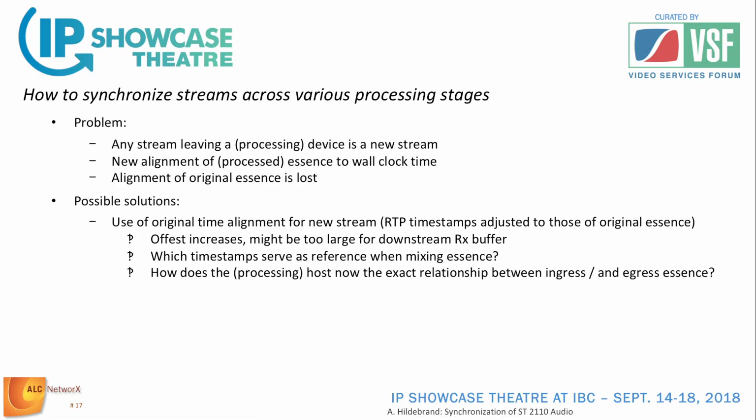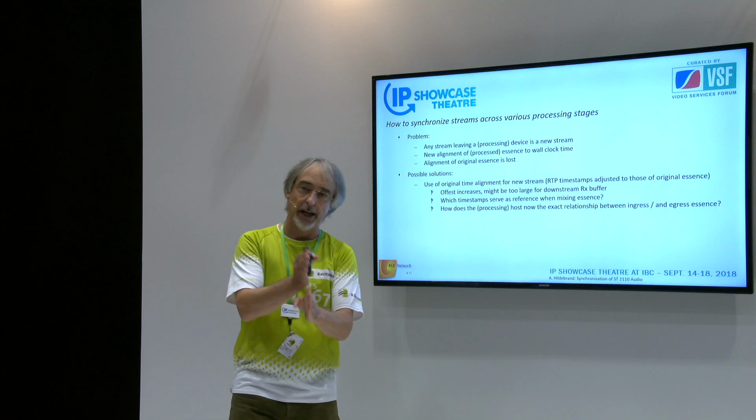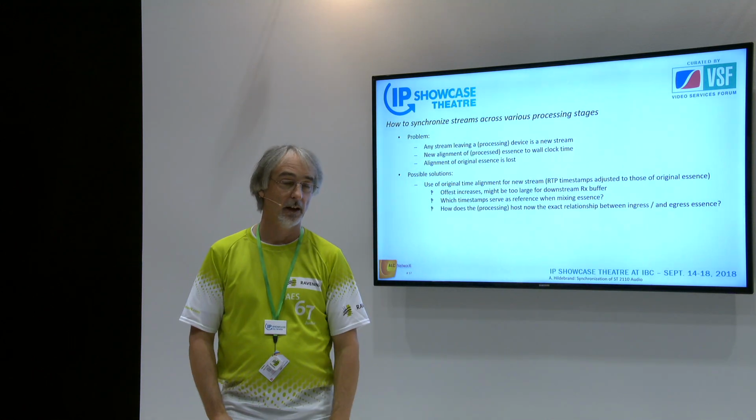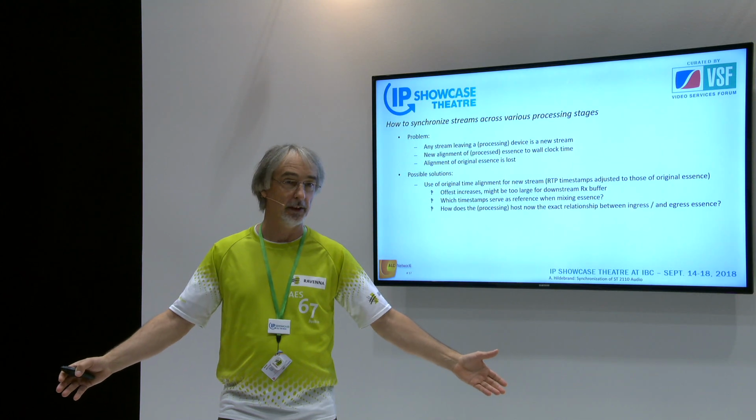And then the question, if you look a bit deeper and go with this solution: how would the processing device, the host device which would have to use this solution, know the exact relationship between ingressed essence and outgoing essence? From the network plane where we have the reference, essence is routed into the device, and something happens there in the device.